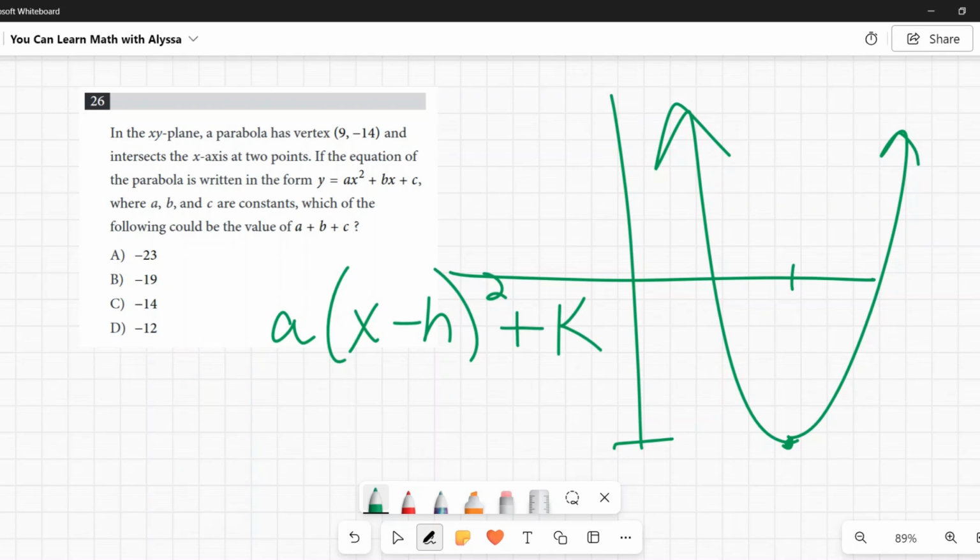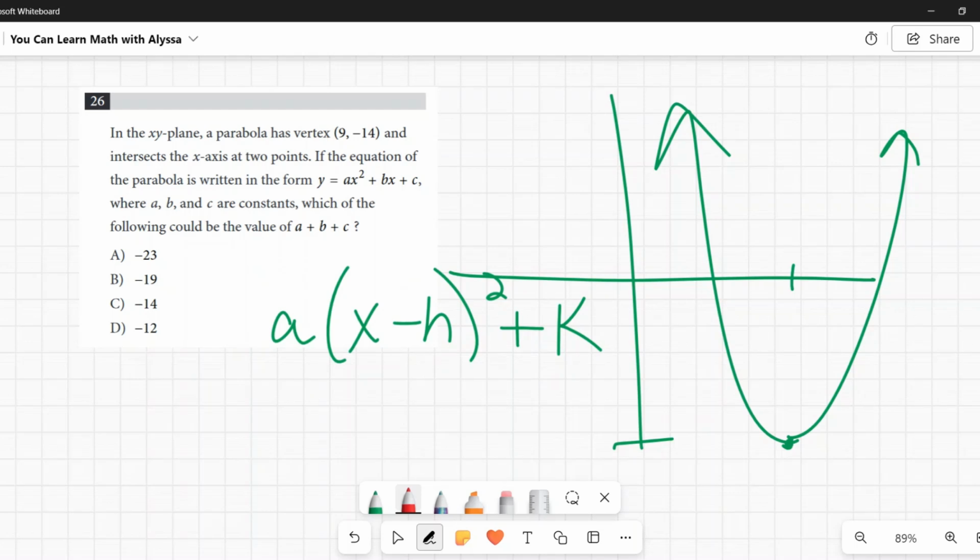The h and k are the coordinates of the vertex. And a is the number that's going to end up in front of that x squared that determines whether this is a really skinny little parabola or whether it's very wide. That determines the a. H and k are the vertex. And you can write any parabola in this format.